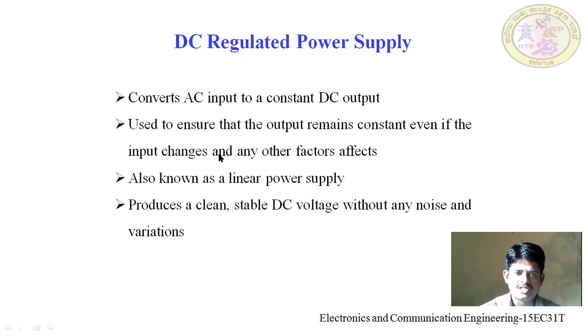Even it is called a linear power supply. The output will always be constant irrespective of any changes in other circumstances like load, mains supply voltage or temperature changes. These are the main functionalities of a DC regulated power supply.